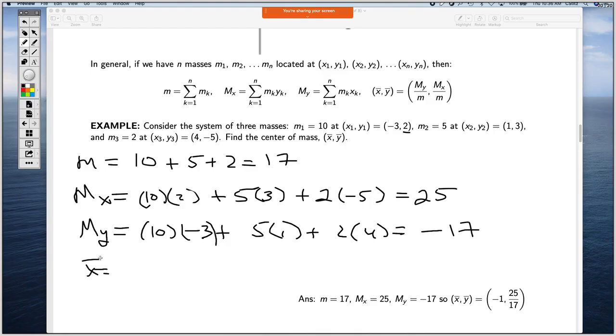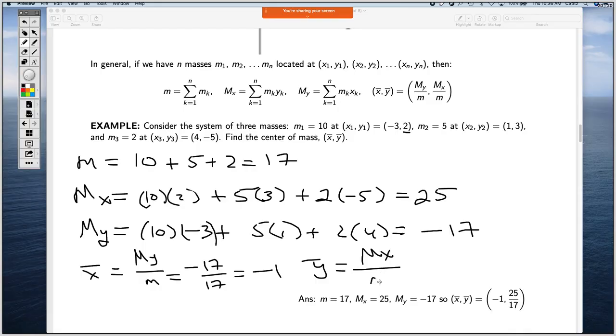So the x-coordinate of the center of mass is going to tell you how far left and right you go to keep it from tilting that way. So that's going to be your moment about the y-axis over the mass. That's the -1. And my y-bar would be your 25/17.